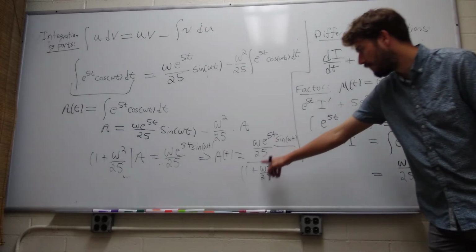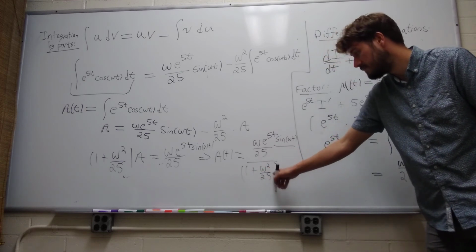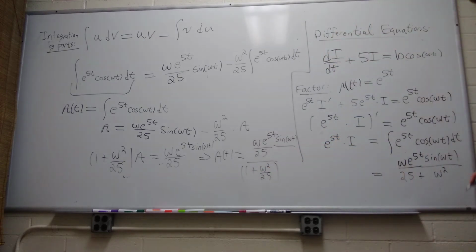So we break this down. 25 times 1 is 25. 25 times omega squared over 25 is just omega squared. So we're left with the following.